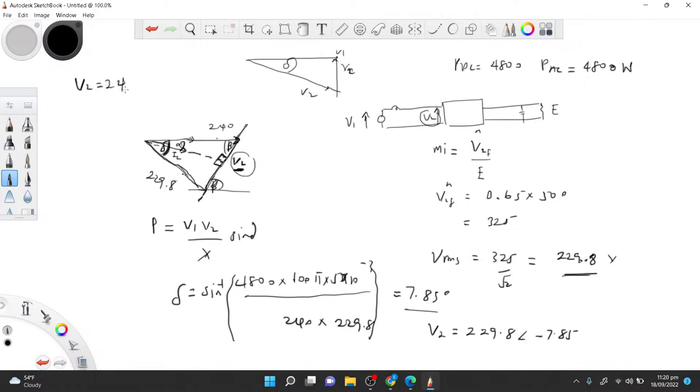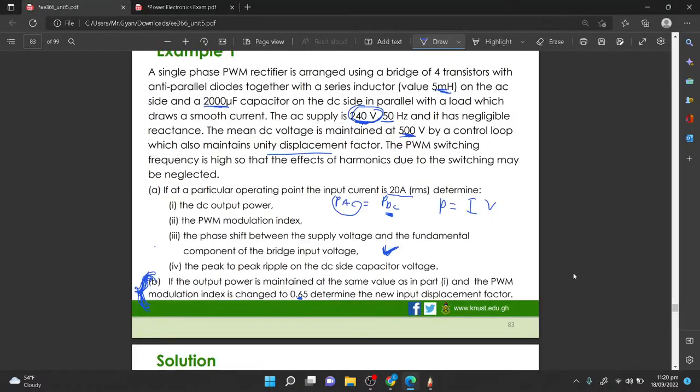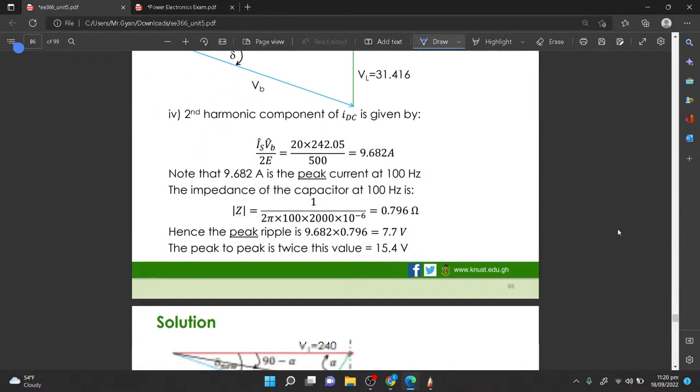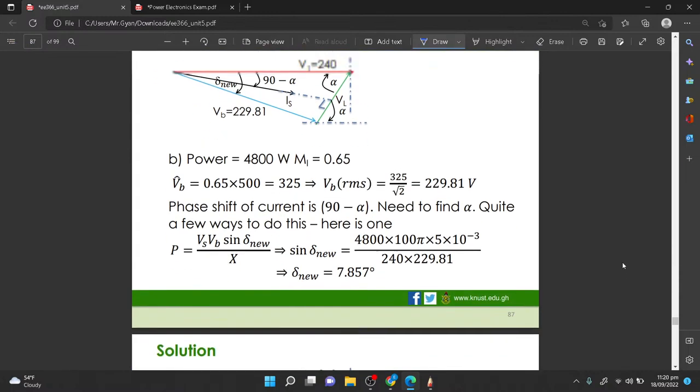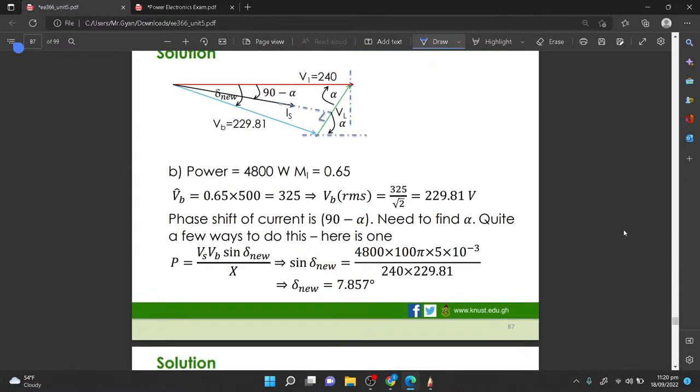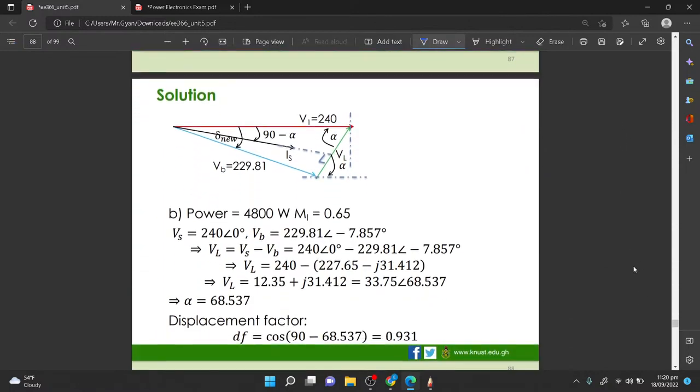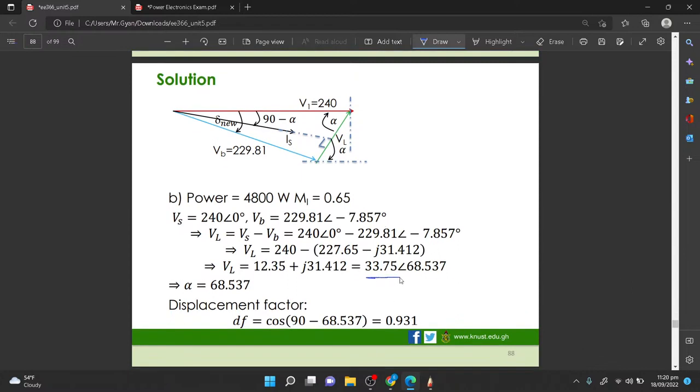So VL is 240 angle 0 minus 229.8 angle negative 7.85. When you do this, you get 33.7 at some angle.